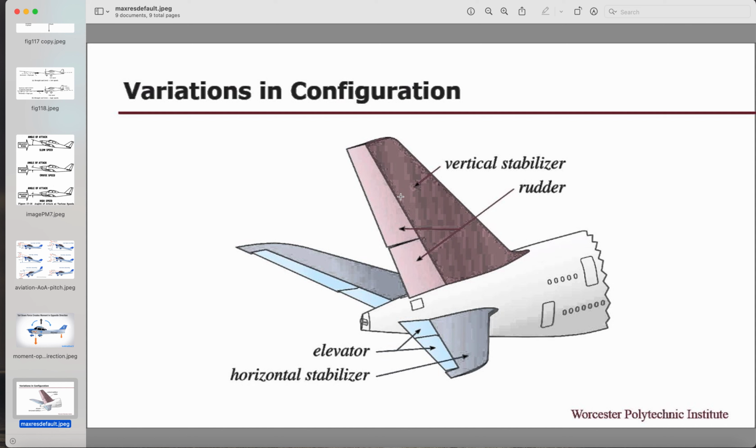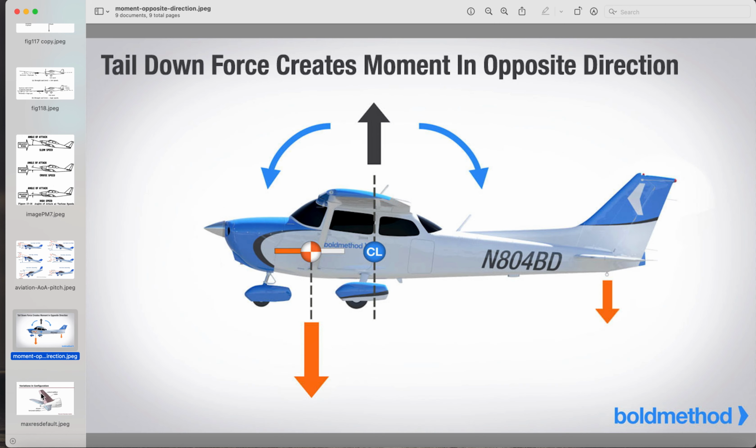Here you have the stabilizers, vertical stabilizers and horizontal stabilizers. So this is what they use, the elevators, right? I'm just going to focus on the horizontal stabilizers. They are how one of the ways a pilot will gain lift, by the use of these, which will cause this downward force on the tail, right?